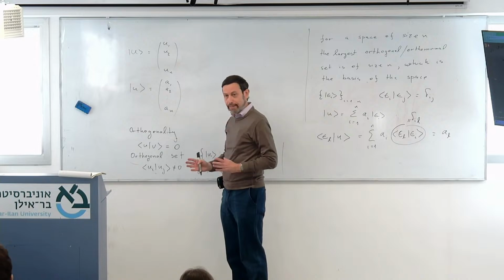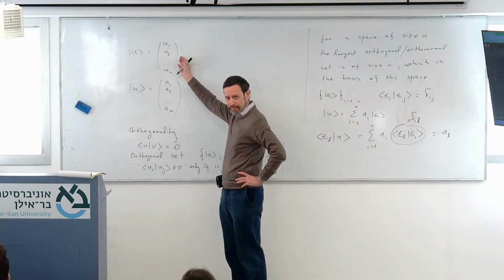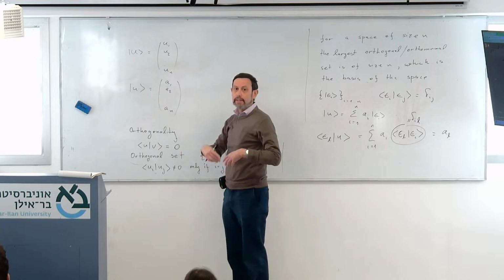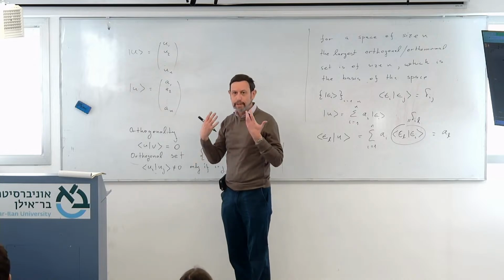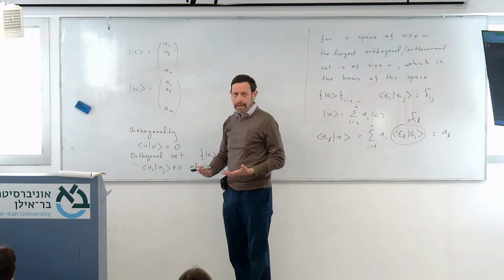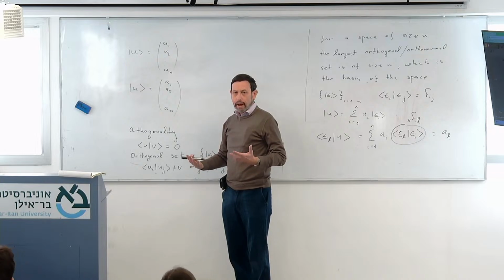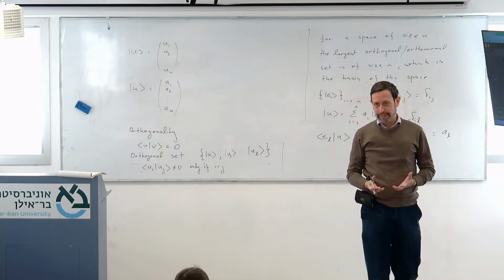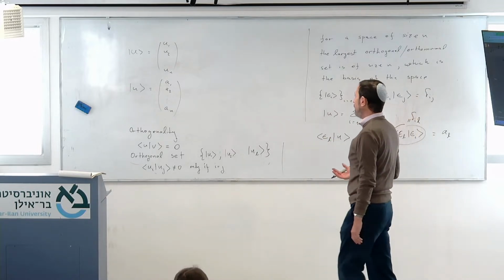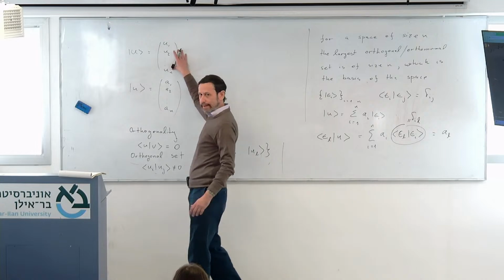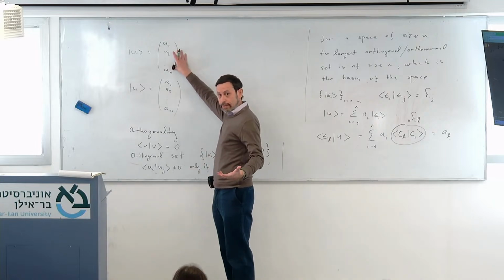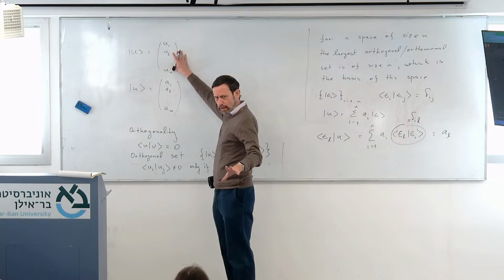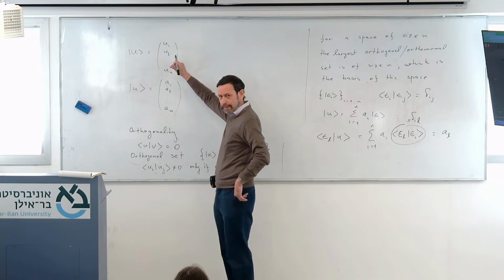That's fine. When I write a vector, I implicitly assume that I know the basis. If I specified what the basis is, everything is clear. If I come and write it down in this way, that seemed naively okay, but now you're stopping for a moment and asking, well, sorry, what was the basis here?